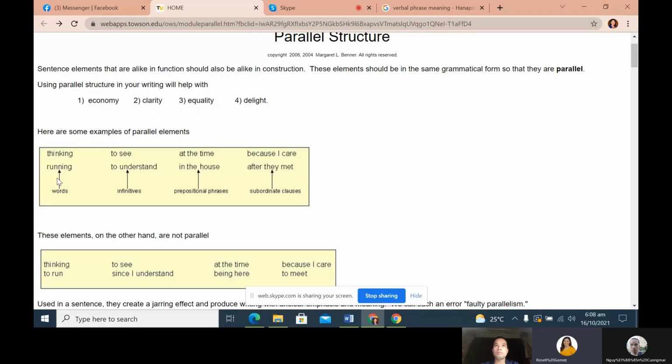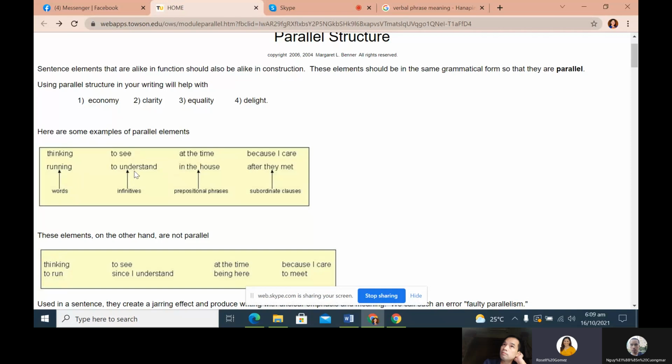Now, look at this one. In the second pair, to see and to understand. Do you still remember we discussed last time about infinitives? An infinitive is a verb introduced by the word to: to sing, to dance, to write, to eat, to learn. Those are examples of infinitives.